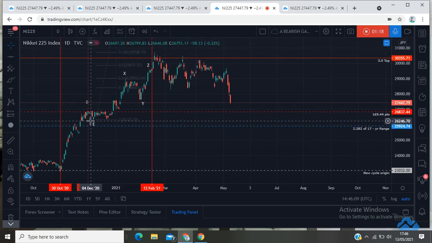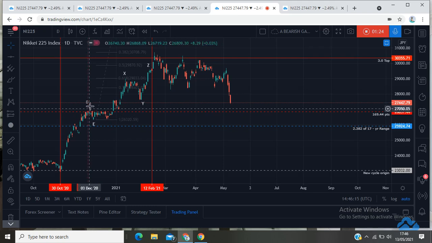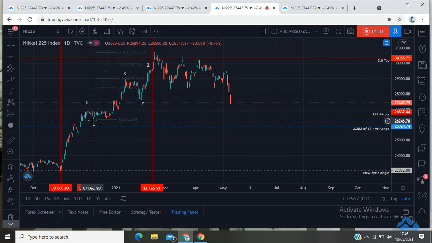So the last side or the terminus of the previous triangle ended at point D, which is this high. But the origin of the new triangle is not exactly at the terminus of that triangle. It is at this low here, which is point E, indicated here.